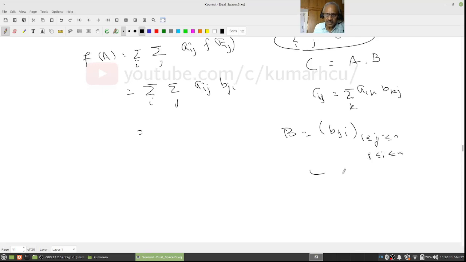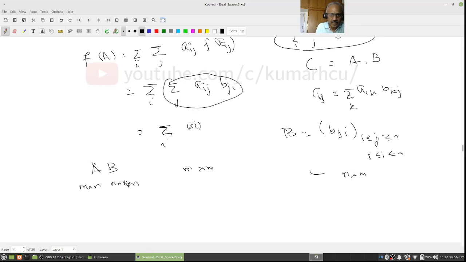Therefore this is a matrix of type n cross m, so I can take the product. A is an m cross n matrix and B is an n cross m matrix, so I will get an m cross m matrix. And this summation is the ith entry of AB.